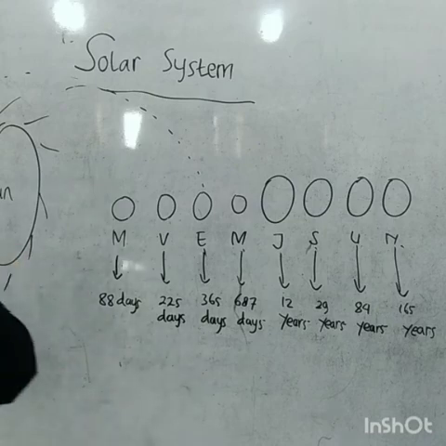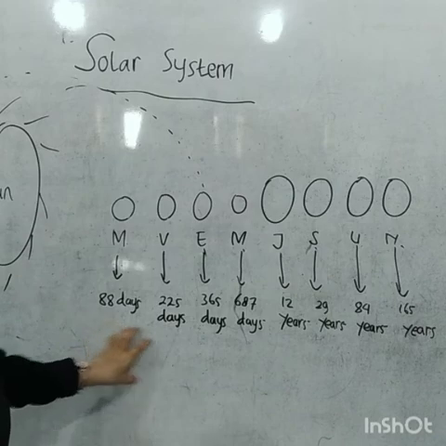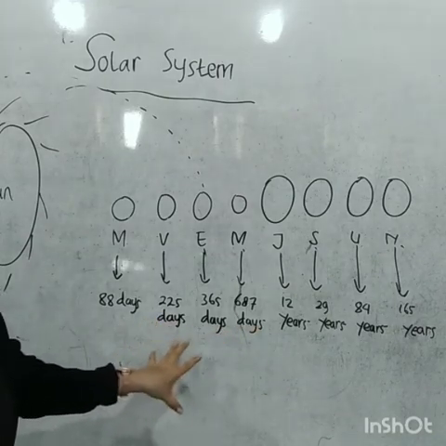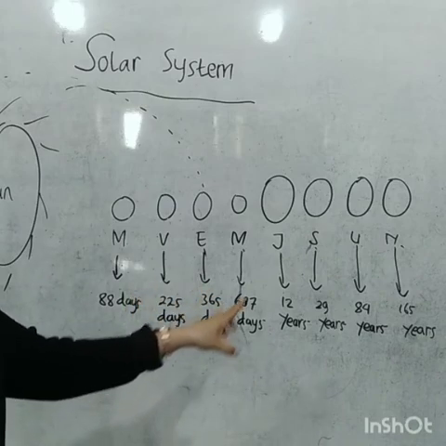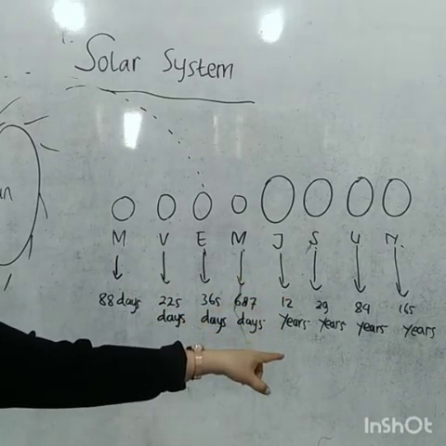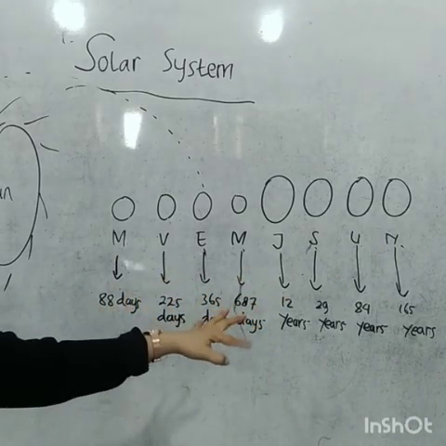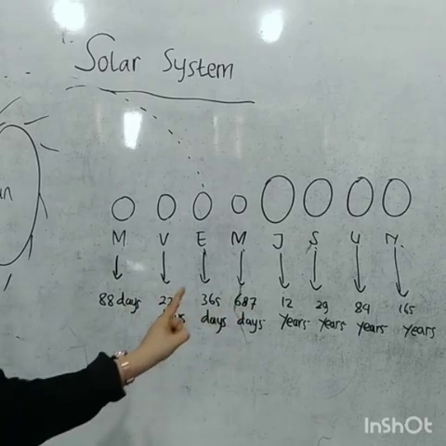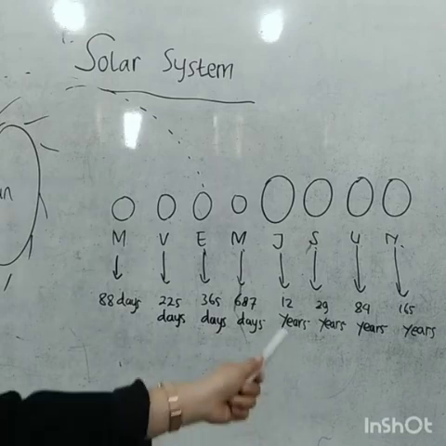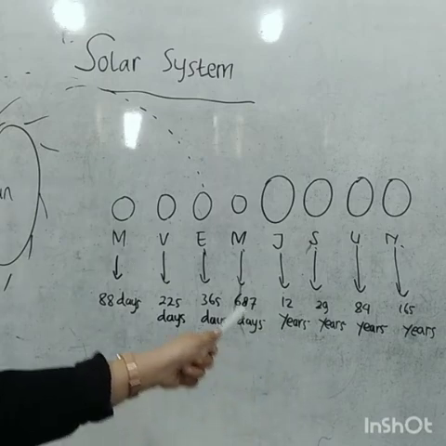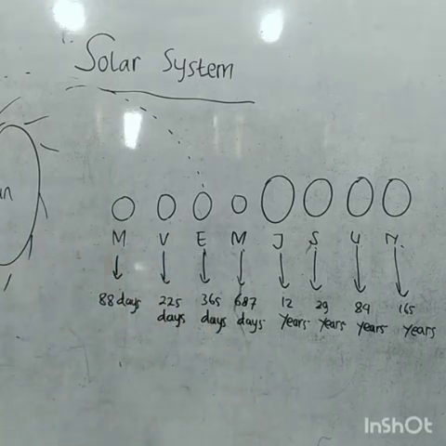Okay, from this period of revolution we can make a conclusion, kita bikin kesimpulannya bahwa the farther the planet, the longer the period of revolution. Semakin jauh planetnya dari matahari, maka periode revolusinya lebih lama.